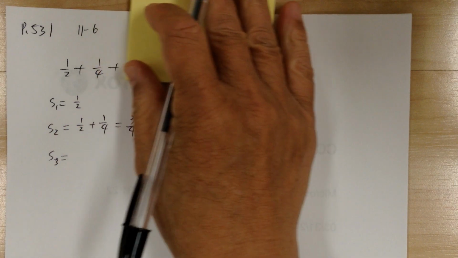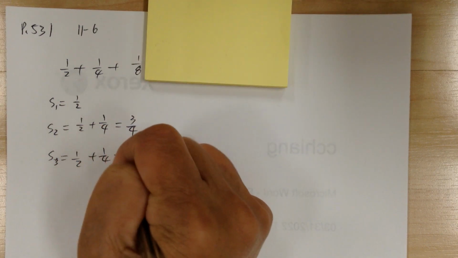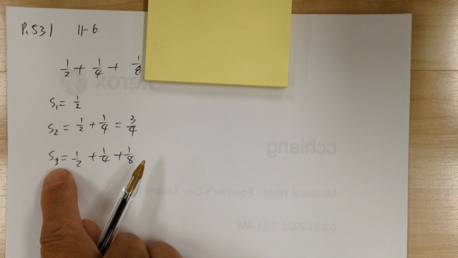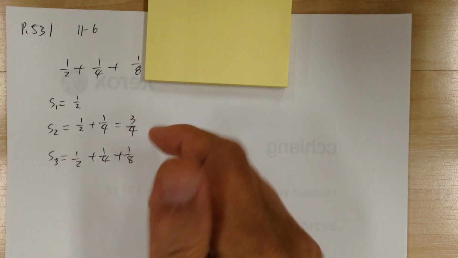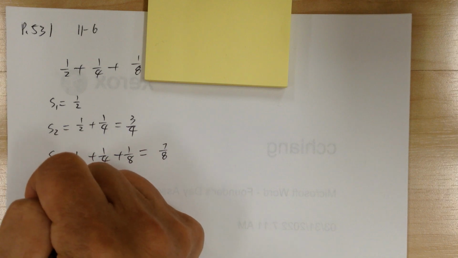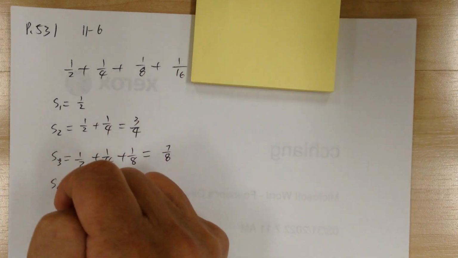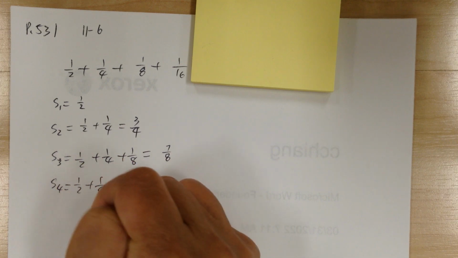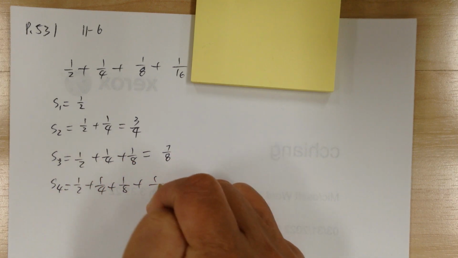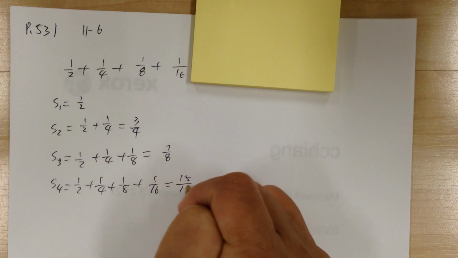S3 means adding three terms, 1/2 plus 1/4 plus 1/8, which equals 7/8. S4 means adding four terms, 1/2 plus 1/4 plus 1/8 plus 1/16, which equals 15/16.